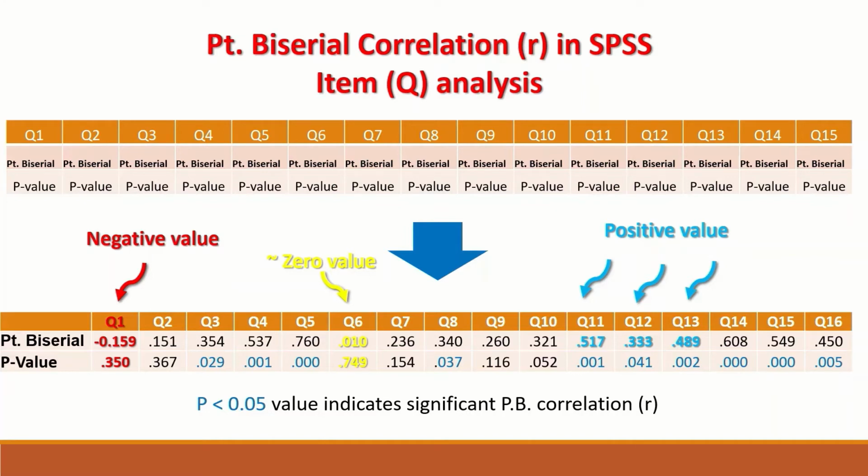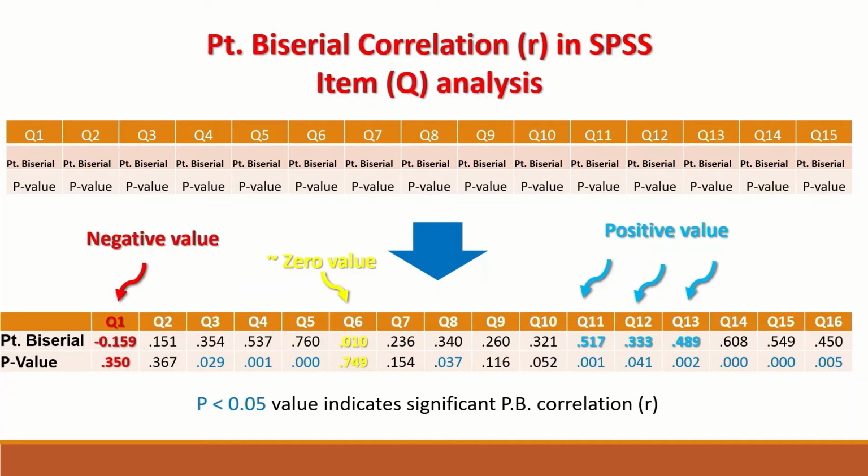Q12 is also a good question, as the value is 0.33 and the p-value is less than 0.041. The same goes for question number 13. We can call it a very good question, as the R value is 0.48 and the p-value is very low.